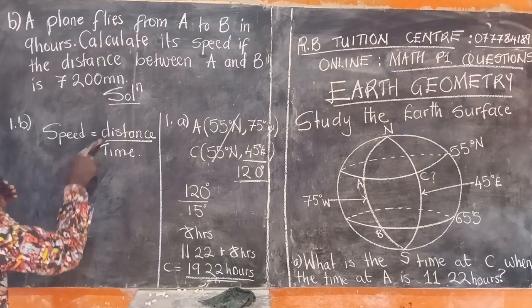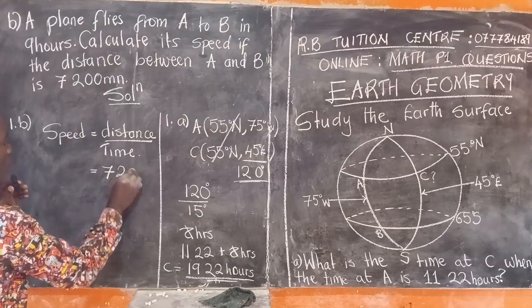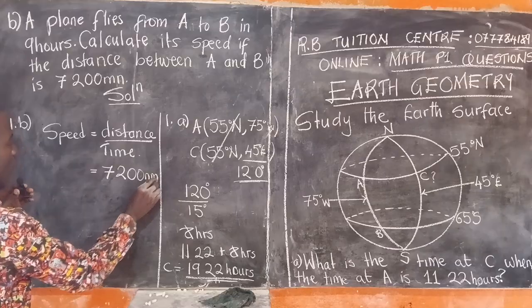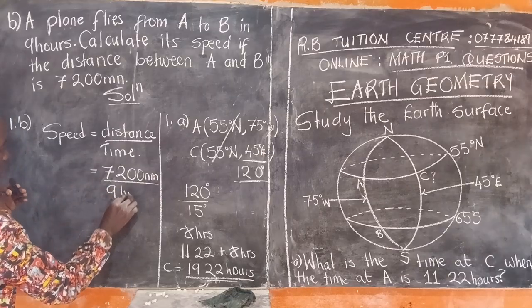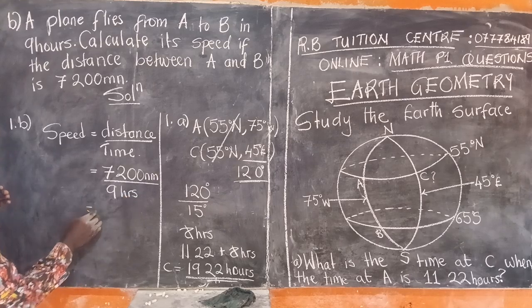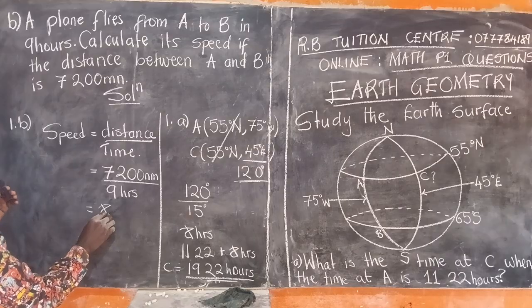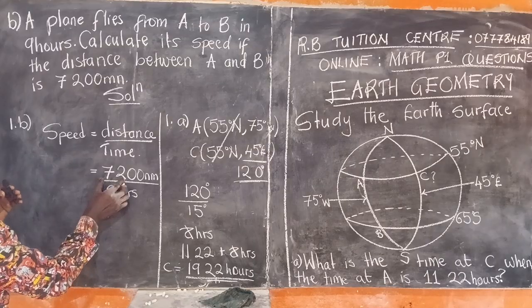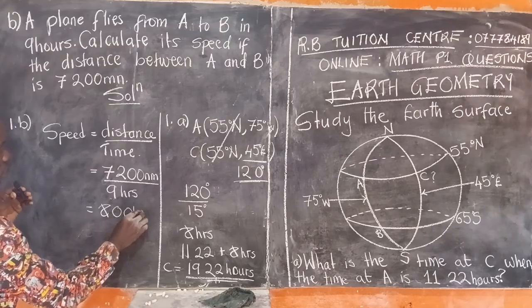According to the distance, here we are given 7,200 nautical miles. Then what is the time? It is 9 hours. Once we divide 7,200 by 9, the answer is 800 knots.